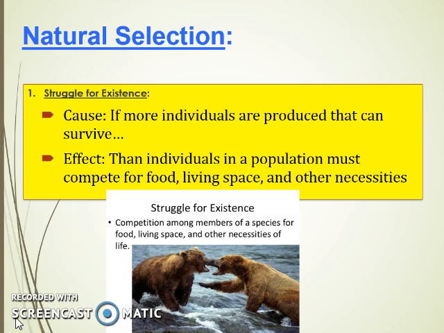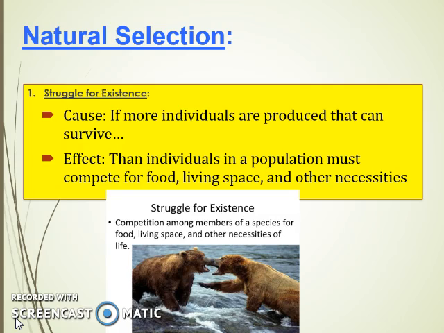To start off, let's look at natural selection and the struggle for existence. Last unit we talked about carrying capacity, which was the maximum number of a species or organisms that could live within a certain area. And we said that if that line gets passed, we have some issues.